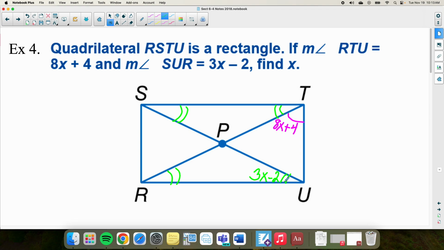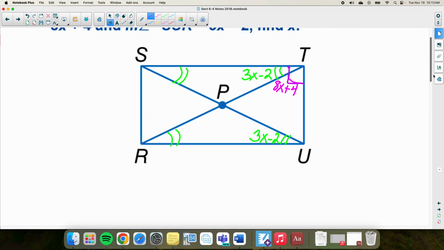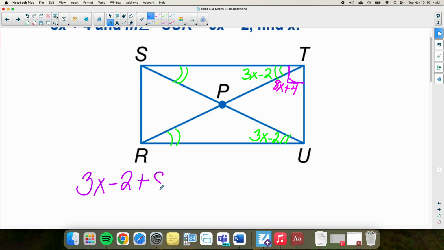So that means this is 3x minus 2. And then this is a right angle because it is a rectangle. So we could go 3x minus 2 plus 8x plus 4. So 3x minus 2 plus 8x plus 4 equals 90.